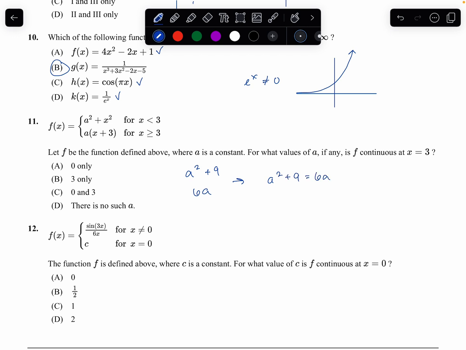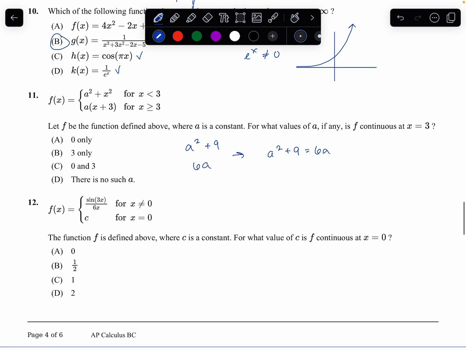And you can see that we have a quadratic expression, so I'm going to isolate the quadratic: a squared minus 6a plus 9 is equal to 0. Okay? And then I'm going to factor this. What multiplies to be 9, and so minus 3 minus 3.